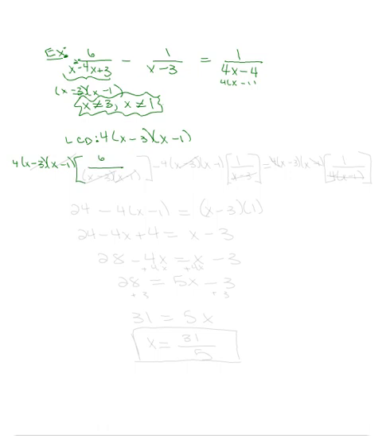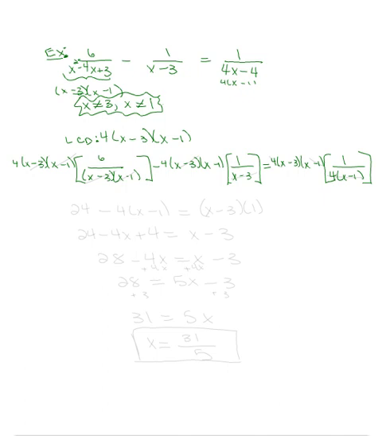We get 6 over, I'm going to write it in the factored form here, just so you can see the cancellation more easily. So we're just writing it out to show our steps. 1 over 4 times the quantity x minus 1.